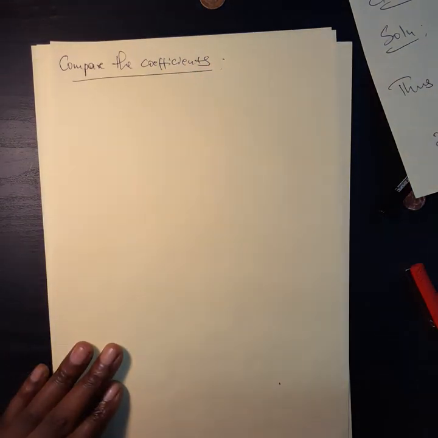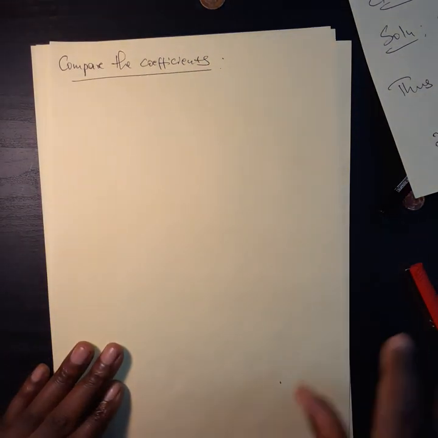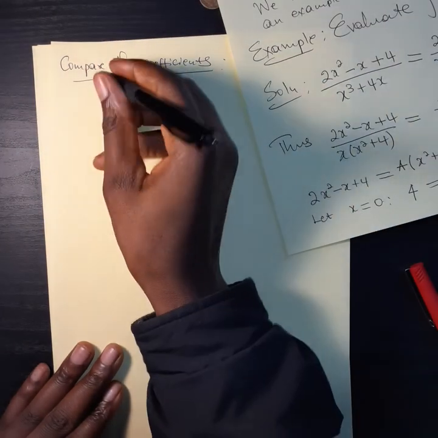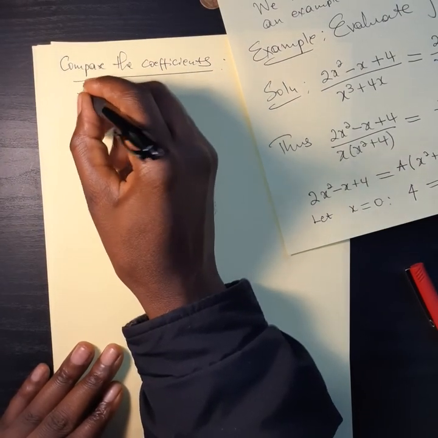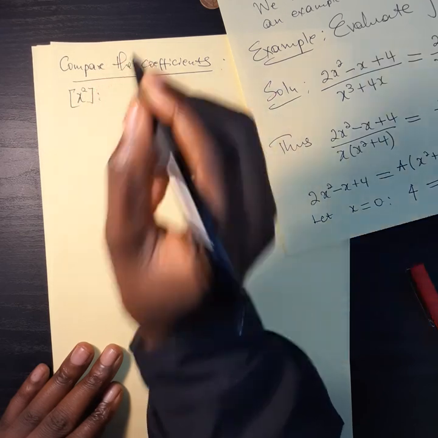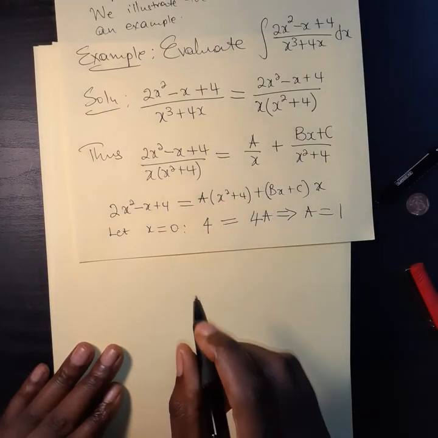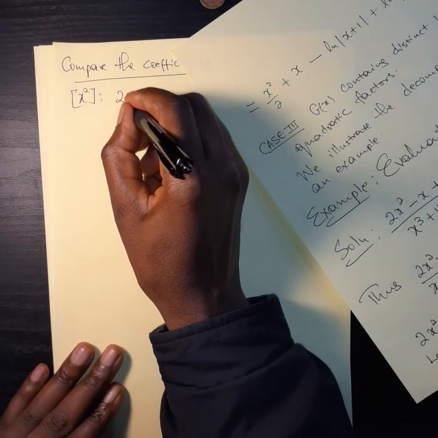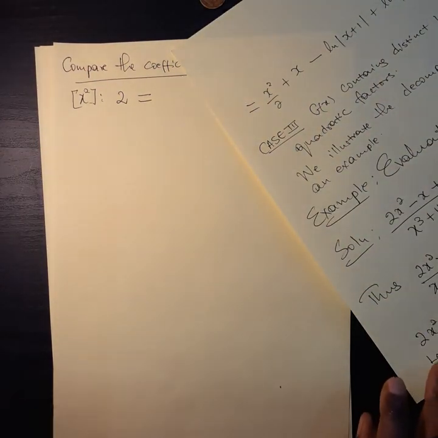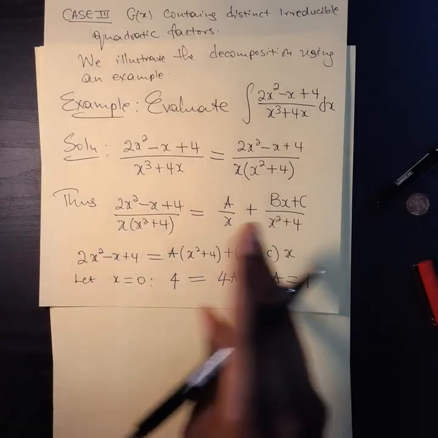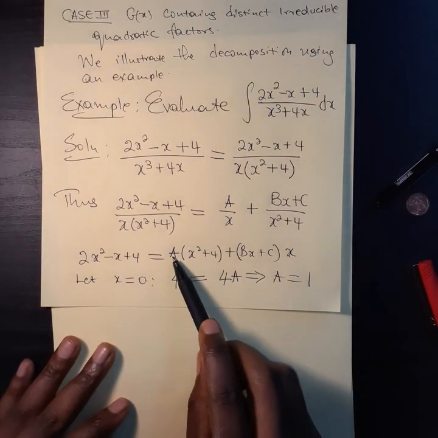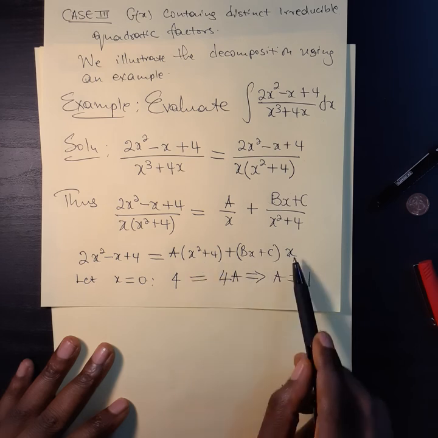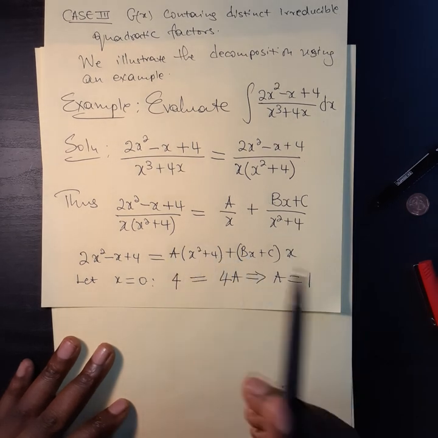When we compare the coefficients, what we are doing is we can start off by looking at the coefficients of x squared. And then on the left-hand side, we can see we have got a 2 equal to, now we check on the right-hand side, you can see when we remove the brackets, we'll have a, which is a coefficient of x squared, and then b, so a plus b.